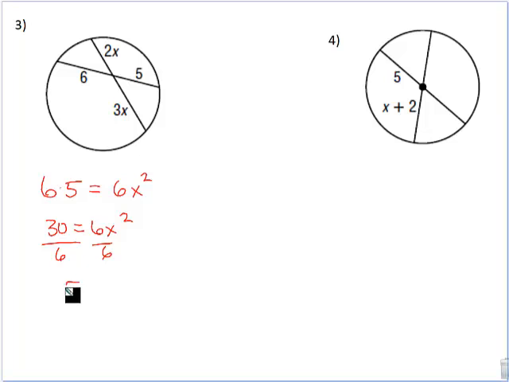So 5 is equal to x squared. Square root of 5 is 2.2. Is that okay? All right, how about number 4?